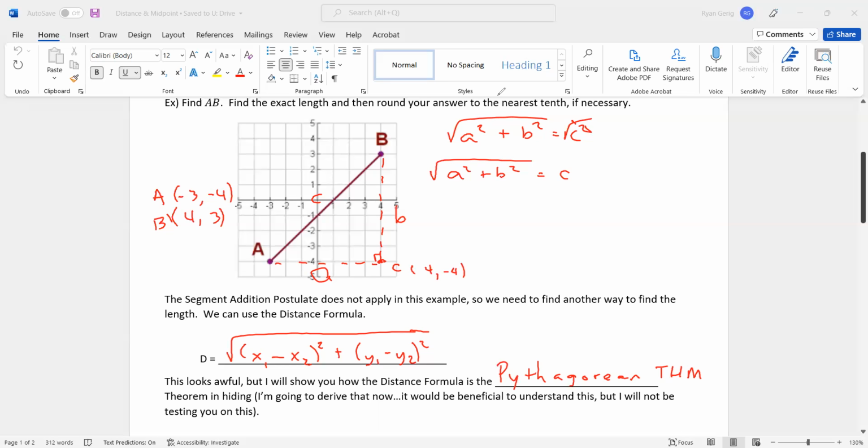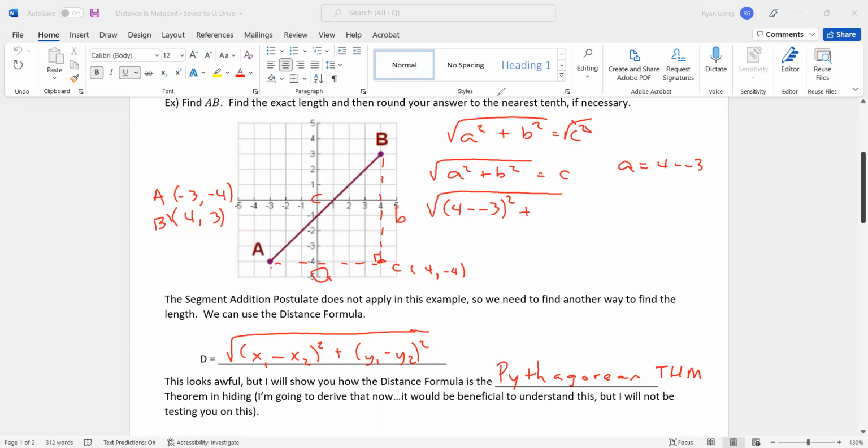So how do I find a? Well, that's just a horizontal line, right? So I can subtract my 2 points there. Okay, so from 4 to -3. So basically what I'm doing is a equals 4 minus -3. Rather than actually getting a number there, I'm going to plug that in: (4 minus -3) squared.